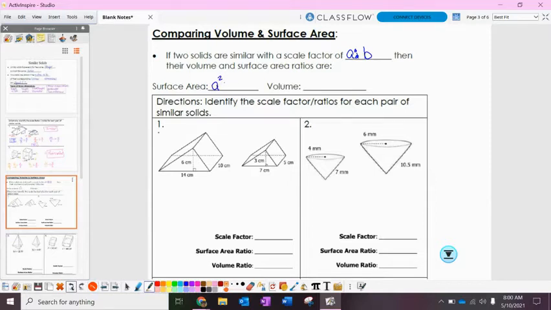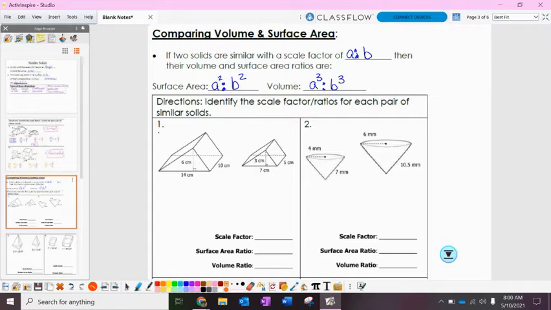That makes sense because area is square units, so that can be a logical connection for us. And the volume will have a ratio of A cubed to B cubed. Again, that makes sense because we think of volume as cubic units. So this will be easy to remember and important to remember. We see this a lot on ACT and SAT questions.